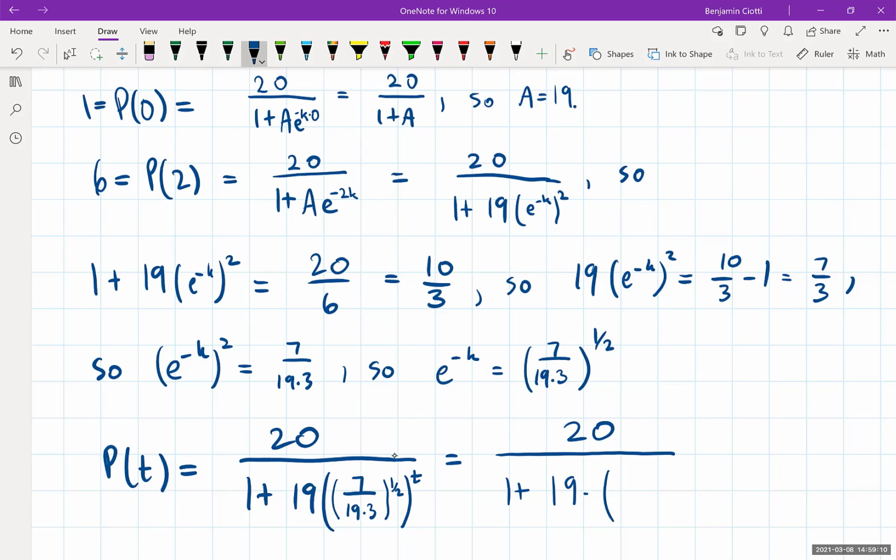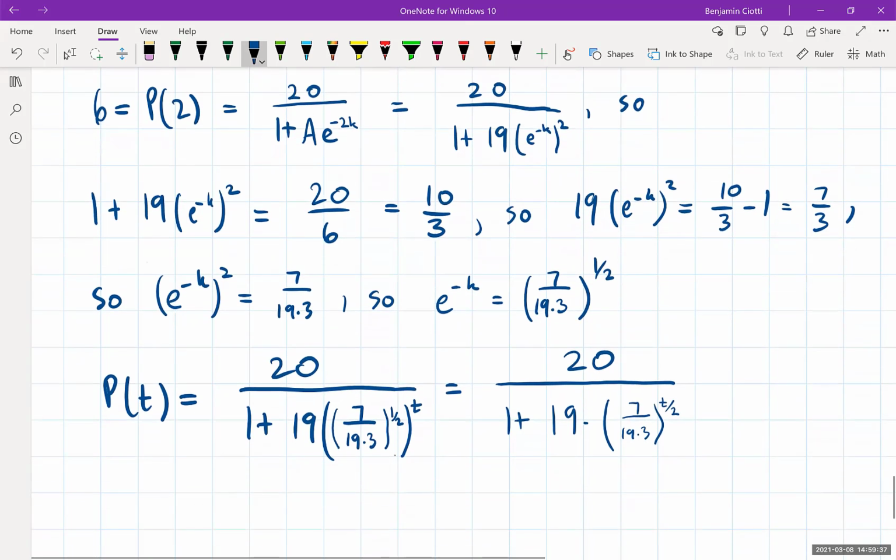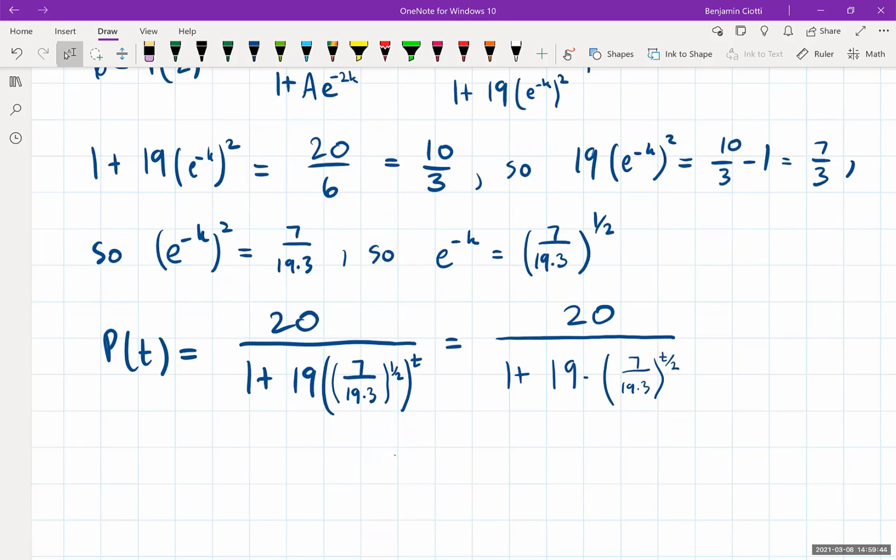So you had a 20 minus 6, so 14 over, well, then you should be able to cancel some stuff. So what did you have for e to the negative k? I got that 0.3 number. Was I supposed to cancel with a negative 1/2? Oh, well, that might be e to the negative k.